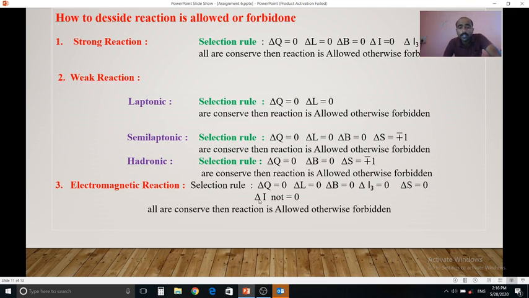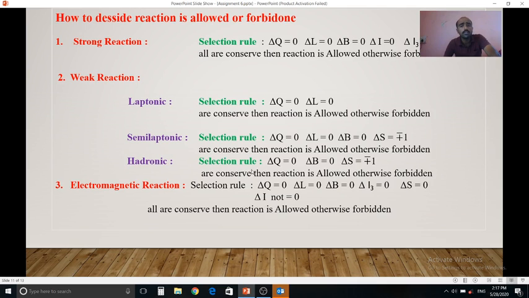Here only del I is not equal to 0. The strong reaction and the electromagnetic reaction differ only in that here del I is not equal to 0. If all are conserved, then the given reaction is allowed, otherwise forbidden.